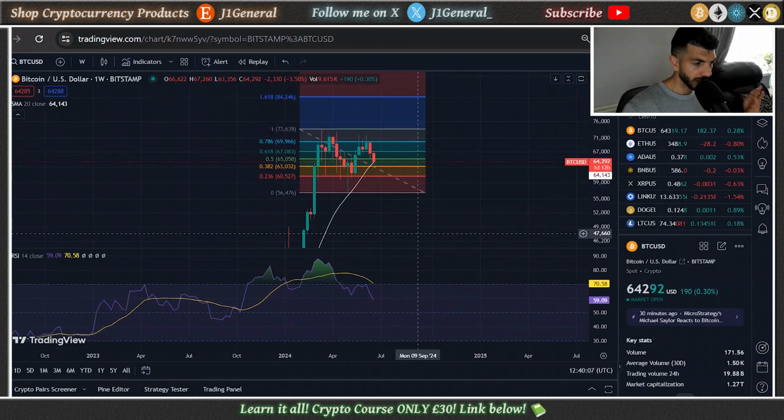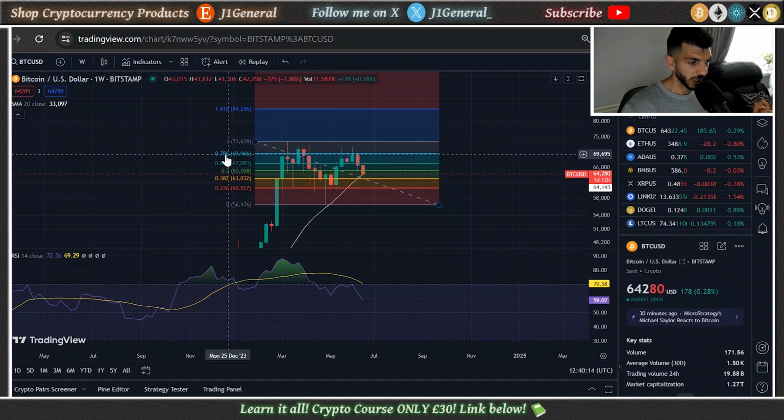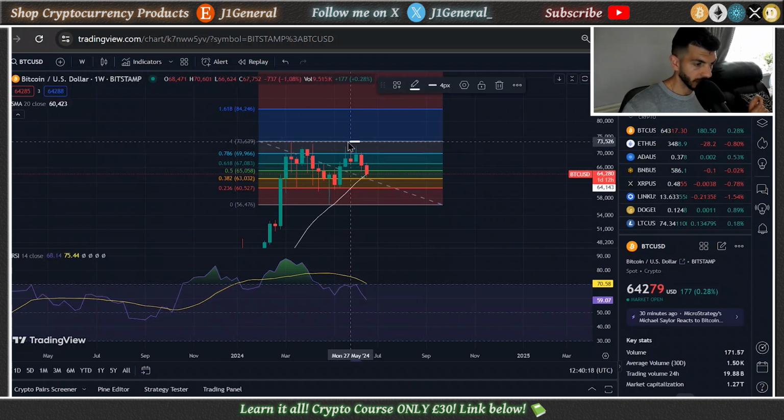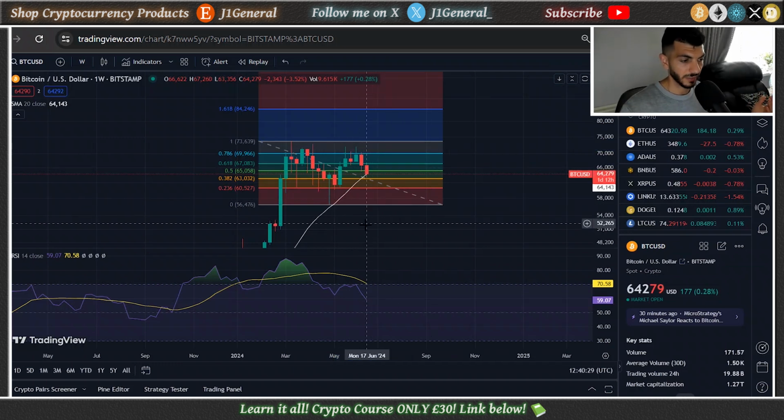If we now take a look at these key price levels, the 0.618, the 0.5, etc., Bitcoin was rejected again by the 0.786 on the weekly level. We have these wicks up here, but the body of the candle closed below the 0.786, which is just below 70k. Again, a psychological number where individuals may like to take profit.